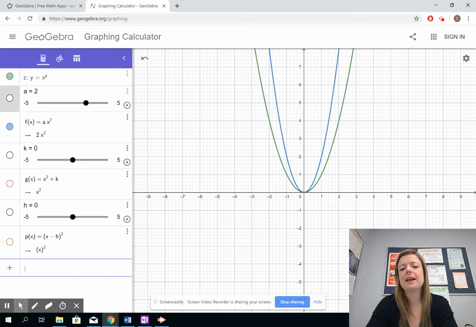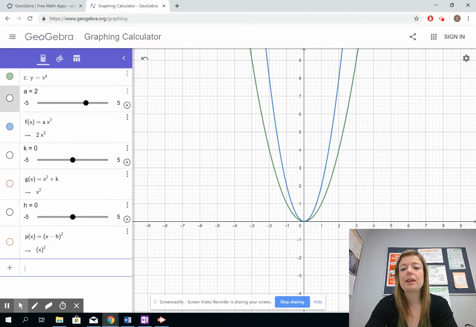What this means is that every y value is twice the height that it used to be, because after you square it, you're multiplying it by 2. So instead of 1, 1, you get 1, 2. Instead of 2, 4, you get 2, 8. Okay, so that's called a stretch by 2.